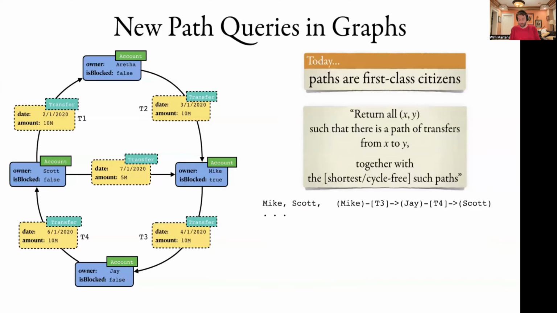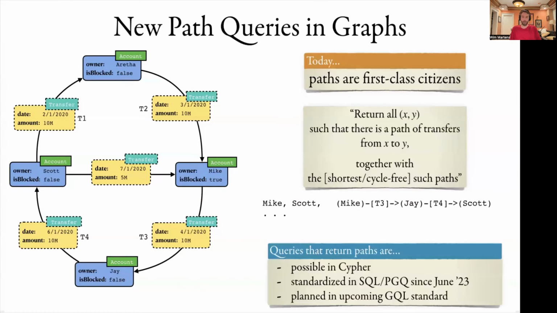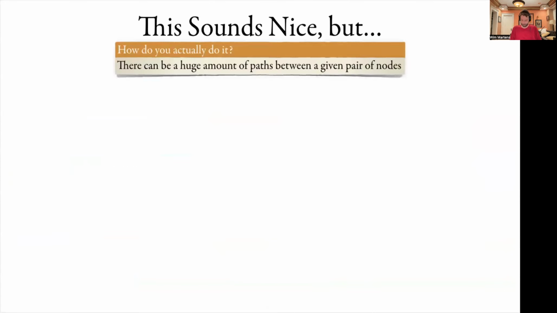So in addition to returning Mike and Scott here, we would get the paths from Mike to Scott that have transfer edges. Okay, and returning paths like this is today possible in Cypher. It's possible in SQL with the new extension SQL/PGQ in June this year, and it's planned in the upcoming GQL standard. And well, this all sounds nice, but how do you actually do it?